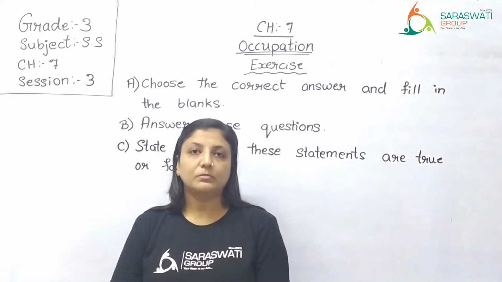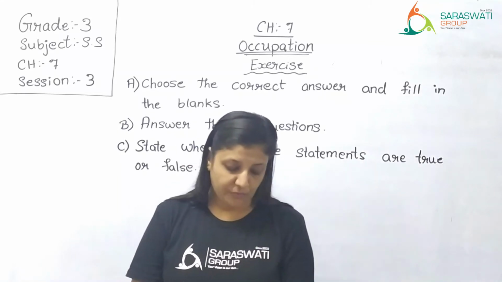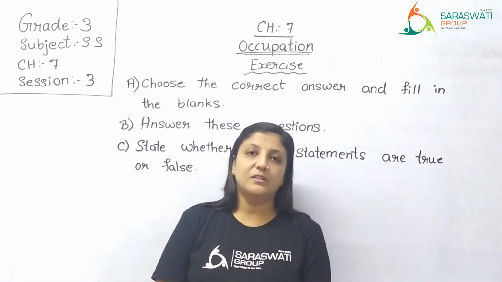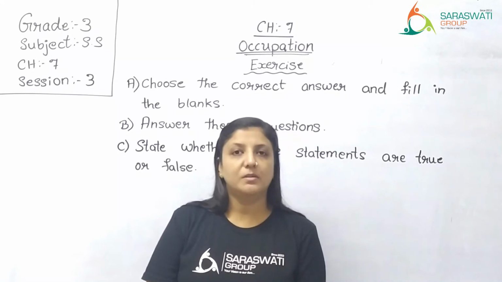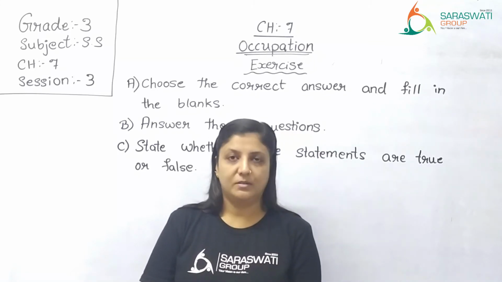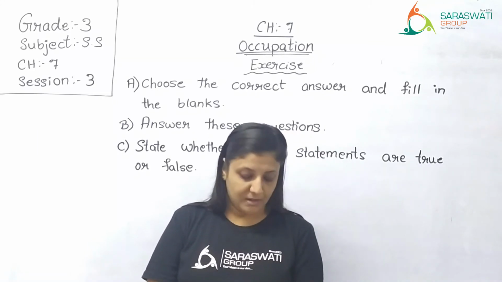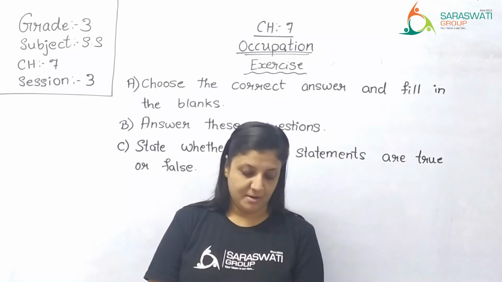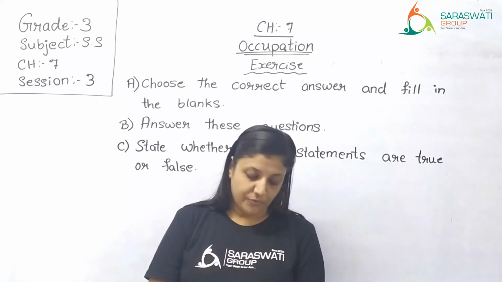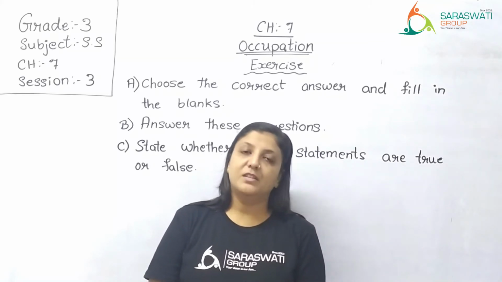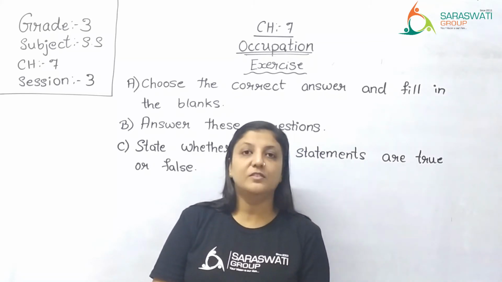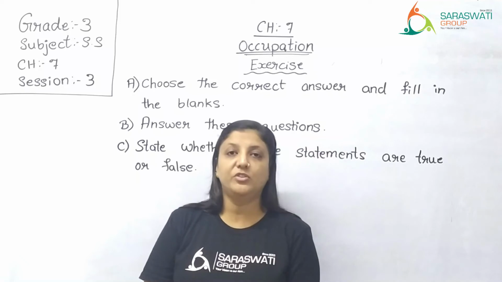Number 4. Doing work for earning money is called dash. If you do any work to earn money, what is it called? Options are occupation, hobby, fun work, work for relaxation. Yes, the right answer is option A, occupation.